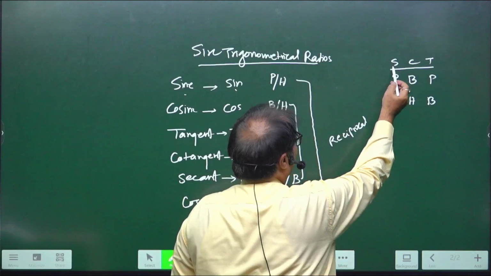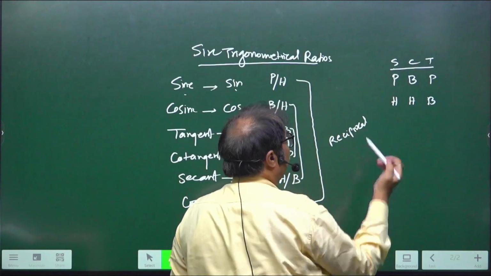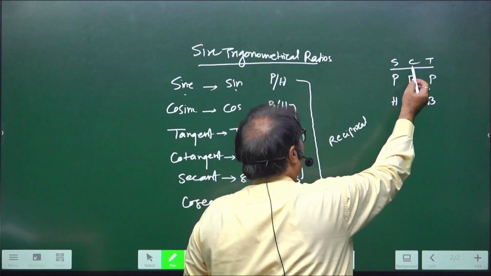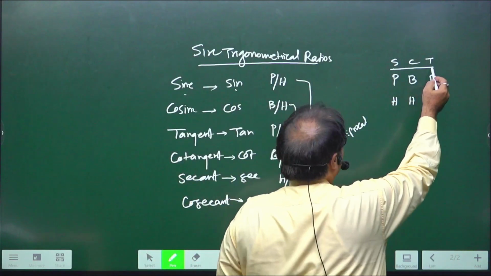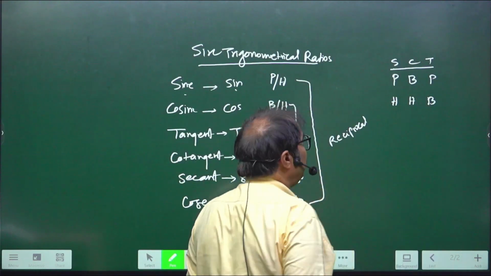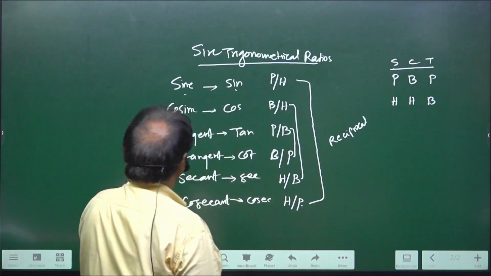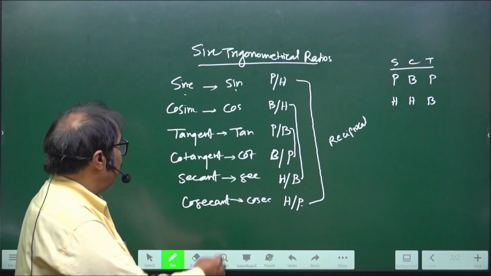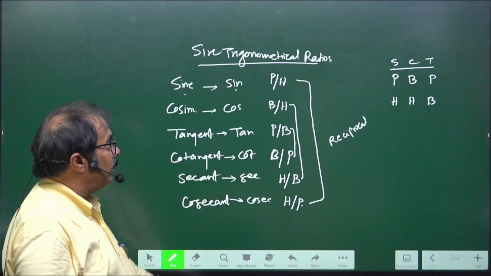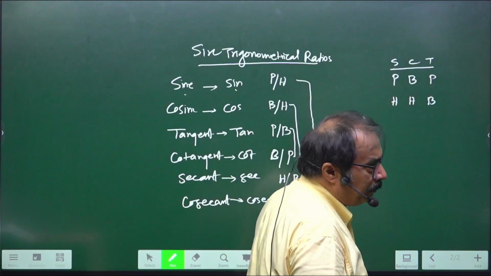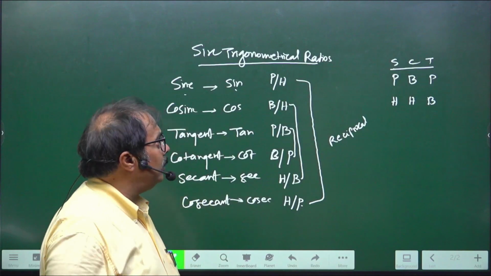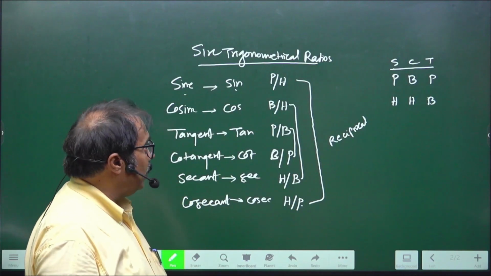S for sine, sine is the ratio of P by H, and C for cos, cos is the ratio of B by H, and T, tangent, is the ratio of P by B. And we got these three: sine, cosine, tangent. And for the cotangent, secant and cosecant, what we have to do? H by P, H by B and B by P. So in this way we will get all these values, right?